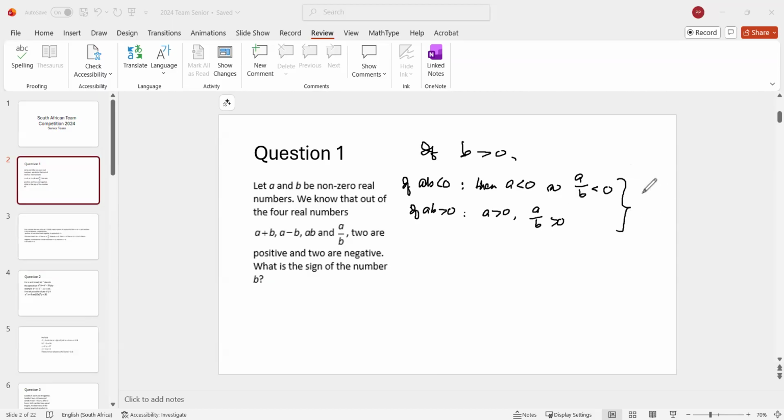So neither is true because only two positives. It's given that two of them are positive and two of them are negative. So the conclusion is that therefore this assumption is false, therefore B is negative. That's the answer to the question.